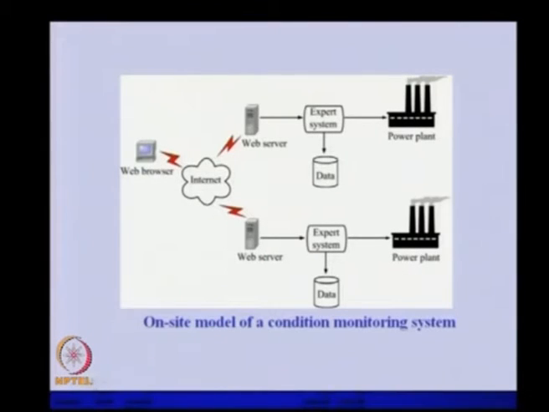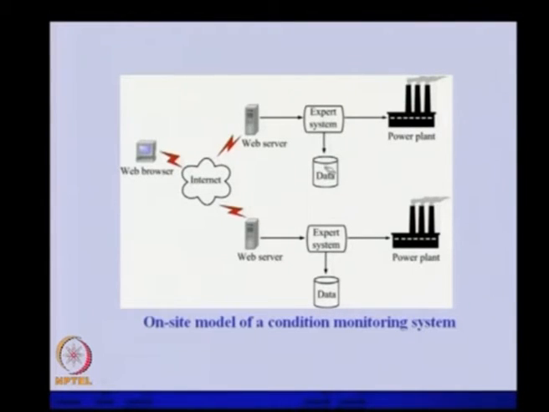This is a typical on-site model of a condition monitoring system, in which there are power plants at different locations. We extract the data, store it at one place, and there is an expert system based on the database or the history of the plant.